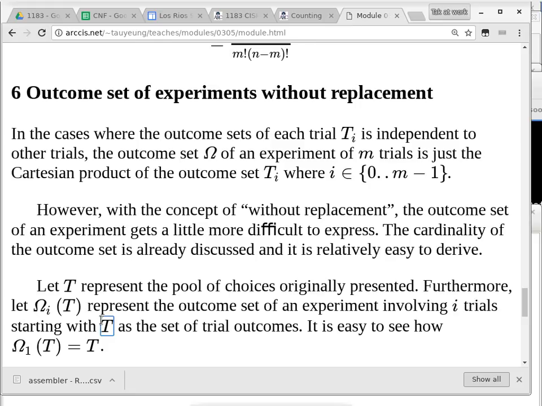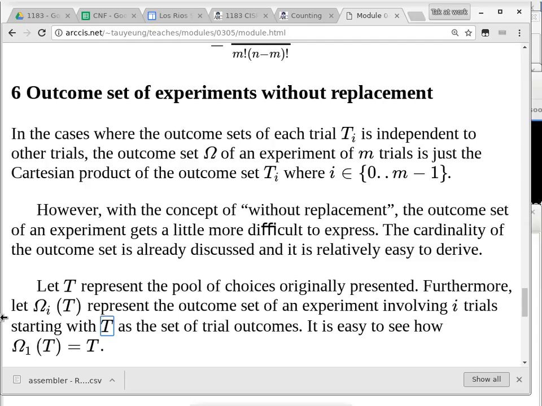So we have several parameters. i is, quote unquote, a parameter indicating which trial we are talking about. And then T as a parameter is telling us what the set of outcomes is for the very first trial. Is that okay? Are there any questions about the notation here?